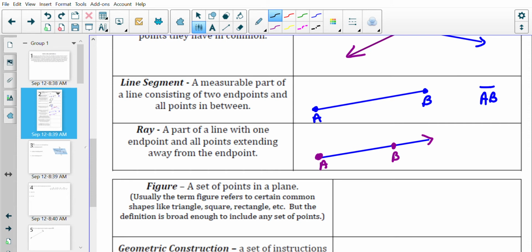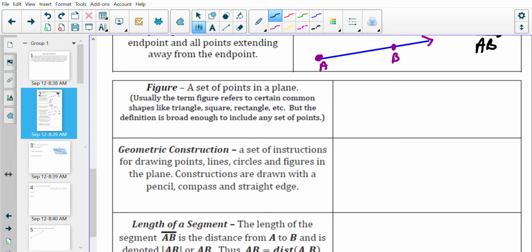So just like a line has arrows at both ends, and for a line segment we have endpoints, so there's no arrows on the notation. And if I want to note ray AB here, it would be our letters AB with the symbol of a ray up above it.